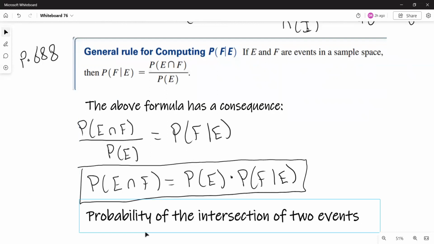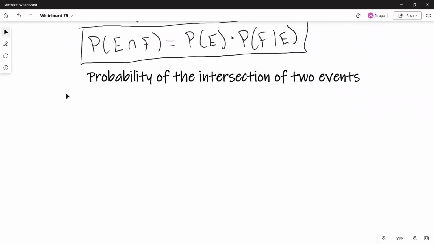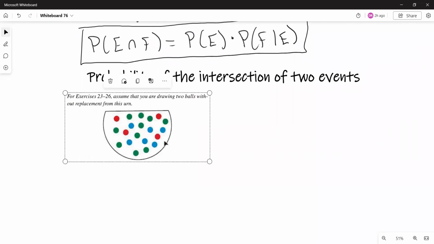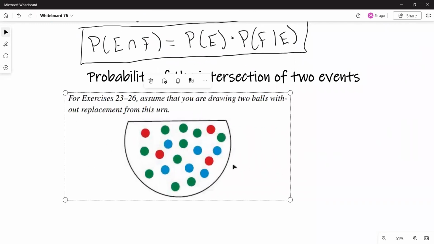Okay, so we're going to do examples with this formula. So back to page 698. We're going to use the following. So I'm going to keep the formula, but we're going to use this urn.